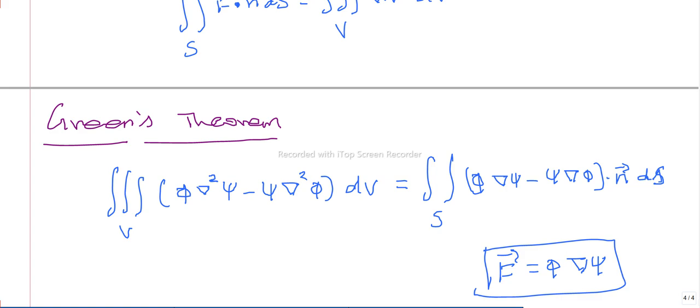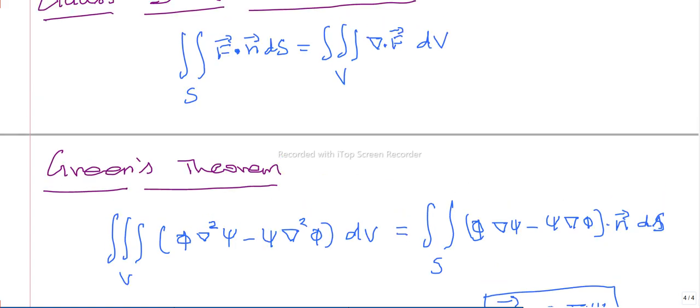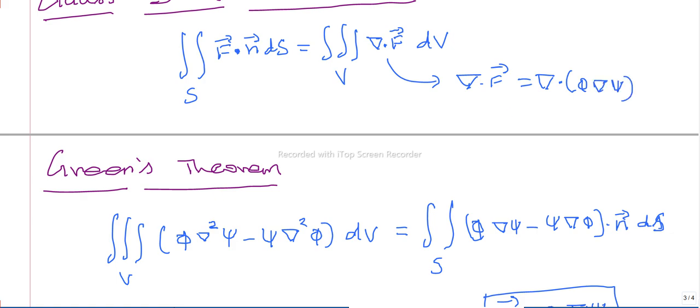Del dot F is nothing but del dot (phi del psi), which gives phi del square psi plus del phi dot del psi, and taking the dot product with n on the surface side, you get the result.